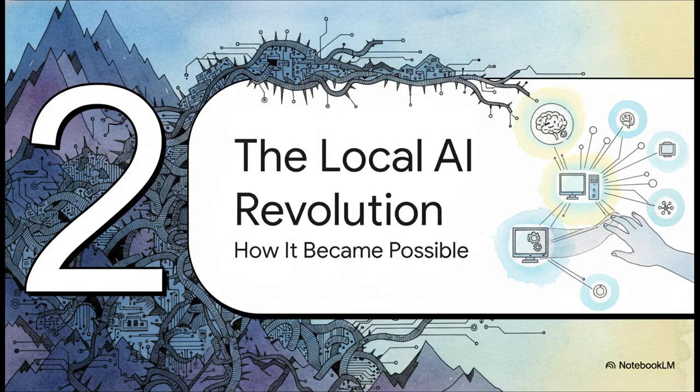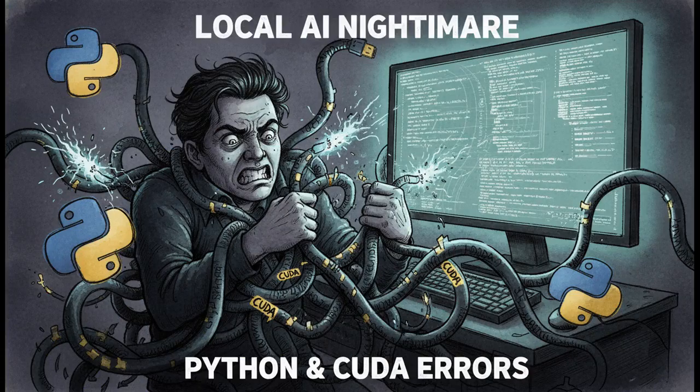Which, of course, leads us to the solution, the local AI revolution. For years, this was pretty much a pipe dream for most of us. The technical challenges were just insane. But all of that has completely changed. I mean, let's be real here. Trying to do this just a couple of years back, it was a total nightmare.